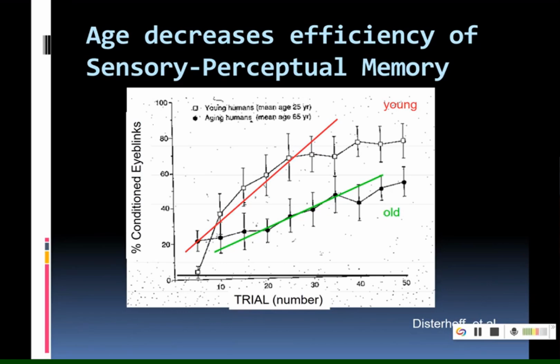But as you can see, that blinking started to extinguish after so many repetitions. The rate of extinction was fairly quick for younger people, whereas it took longer for the older people to extinguish that reflex.